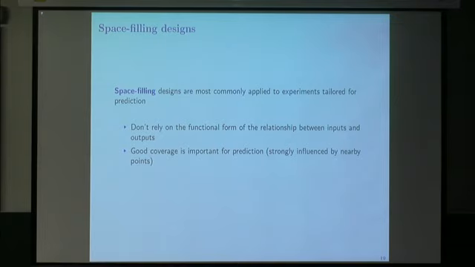As I have mentioned before, the most popular designs are the space filling designs because they don't rely on any specific functional form between inputs and outputs, and also they allow us to have good coverage for prediction. These designs can be, for example, the maximin or minimax designs or Latin hypercube designs.